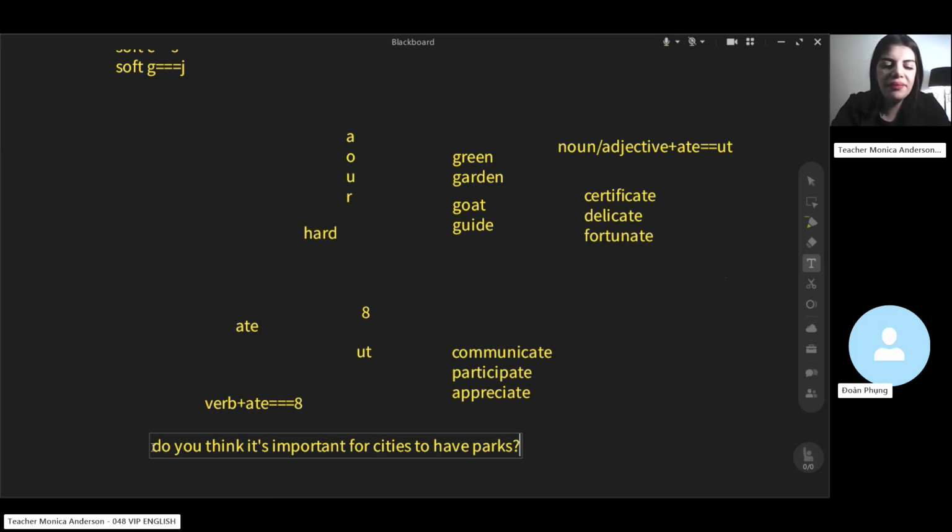Well, definitely I would say that yes, I do, because parks have a lot of benefits for residents living in cities, because residents in cities need to lead a hustle and bustle lifestyle every day.